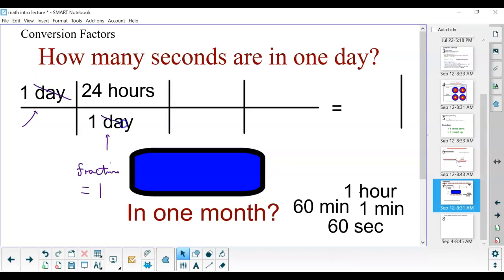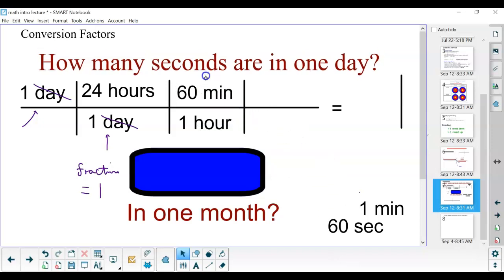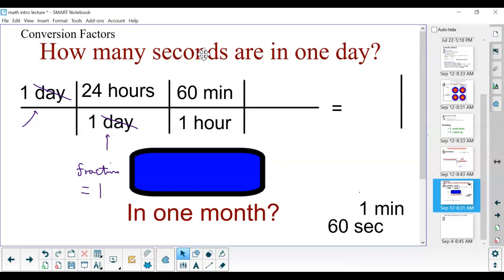Notice my days cancel out. I want to do the same thing with hours now. How many hours equals how many, what's the next time unit? 60 minutes. Again, this fraction equals 1. Notice my hours cancel out.